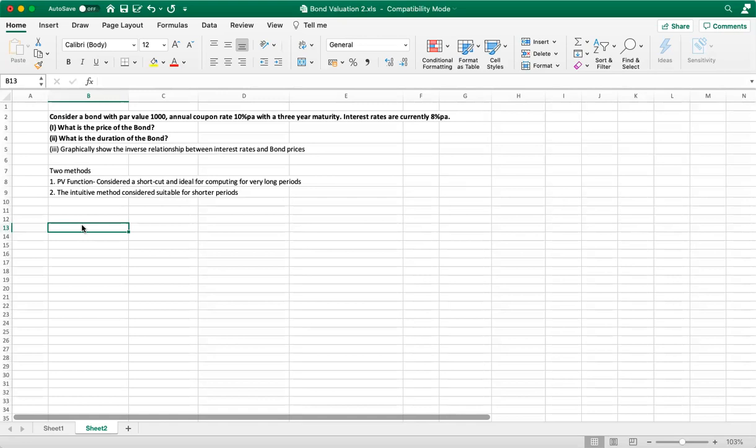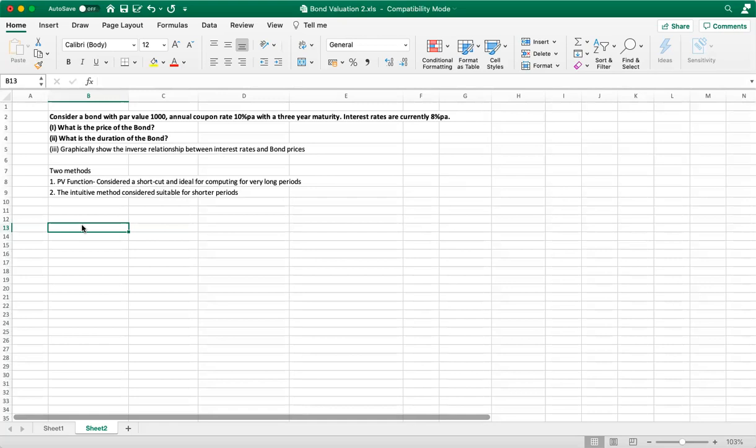But if you have a 30-year bond, perhaps paying interest semi-annually, that means you have 60 periods. Now that becomes a bit of a challenge. And therefore, if you have longer periods, it would be preferable to use the PV function in Excel.